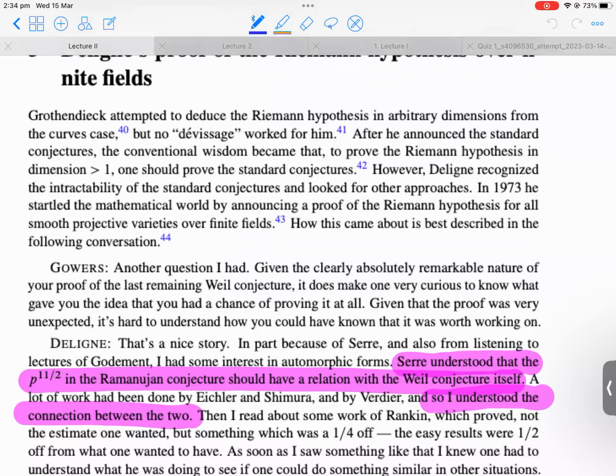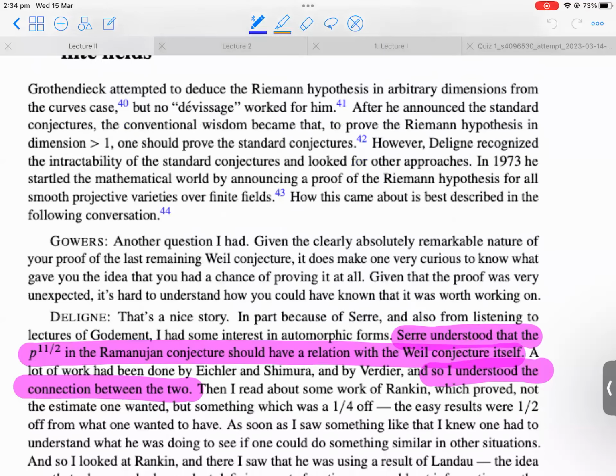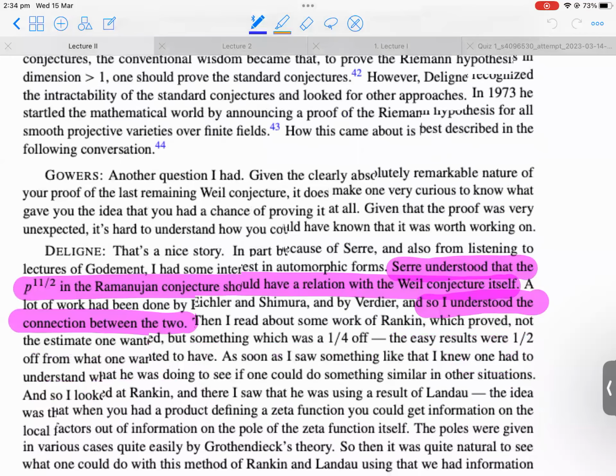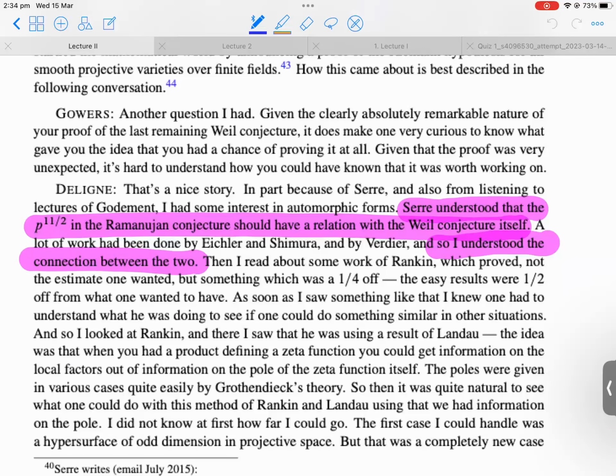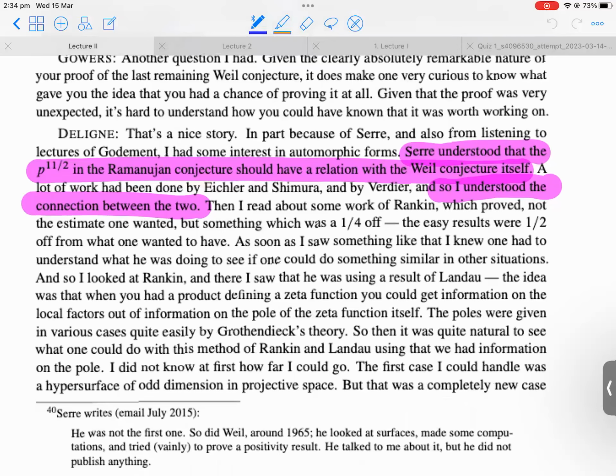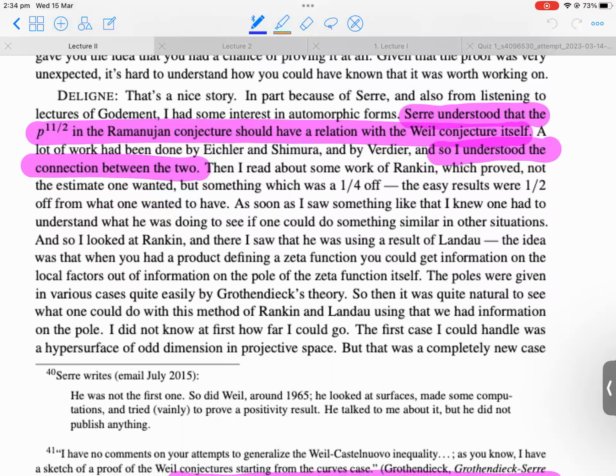Now, Tim Gowers asked, given the clearly absolutely remarkable nature of your proof, it does make one curious to know what gave you the idea that you had a chance of proving it at all. So Deligne says, that's a nice story, in part because of Serre, and also from listening to lectures of Godement, I had some interest in automorphic forms.